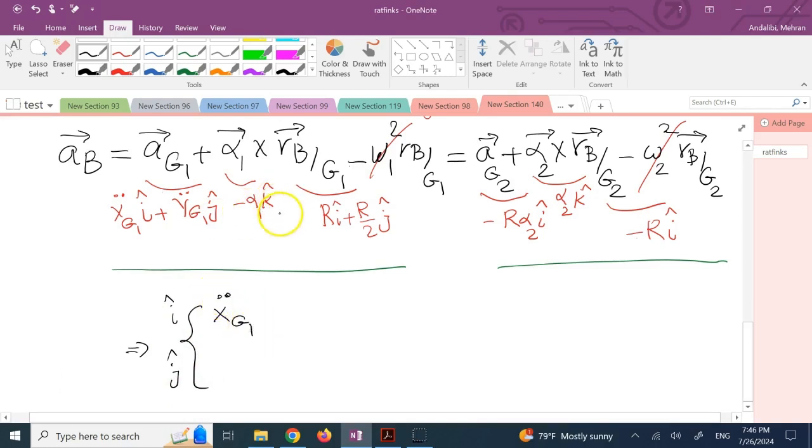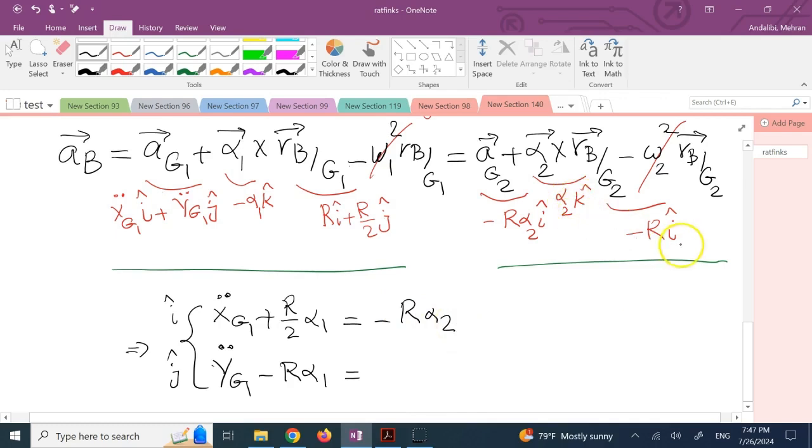And then you have here a k cross j, which is negative i, but there is another negative, so that becomes a positive R over 2 alpha 1. This is on this side. And for j, you have y double dot of G1. And you have again k cross i, which is j, but there is a negative. And on the other side, we have negative R alpha 2.